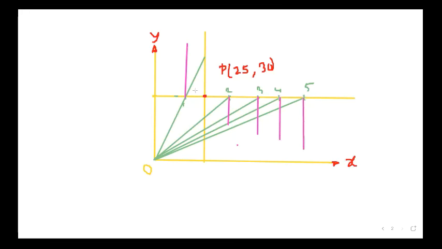Okay. And here, on this extended line on the left side, draw a horizontal line. Similarly, here draw a horizontal line. Here also draw a horizontal line, and here also draw a horizontal line.